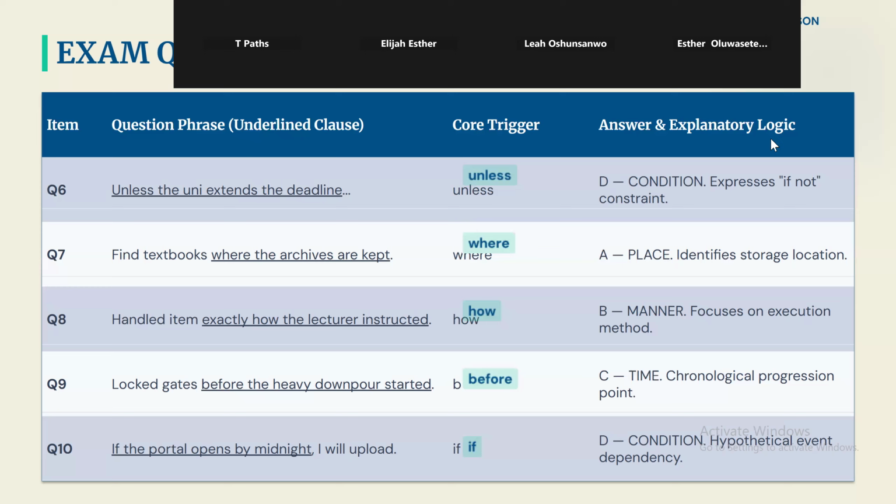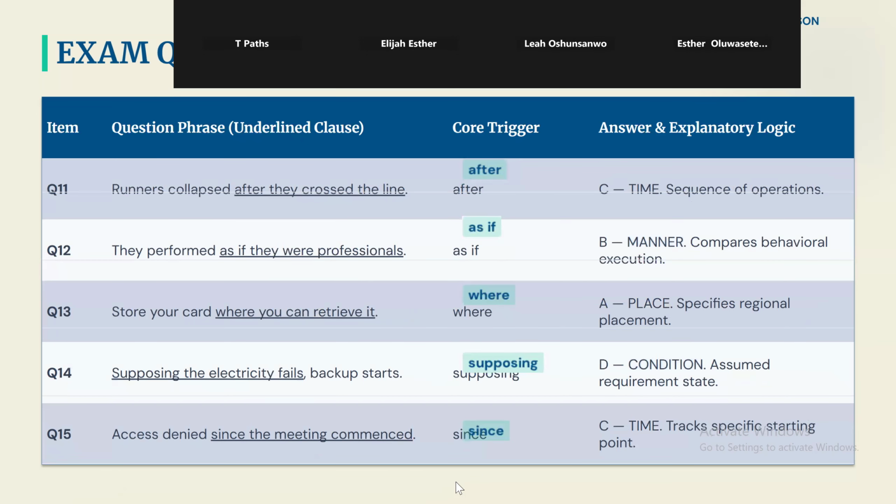People that did post-UTME with us would understand what I'm talking about because I taught them what conditionals are. We have first conditional, second conditional, and third conditional. They explain hypothetical situations. So this is a condition. The trigger word here is if. So it's a condition adverbial clause.